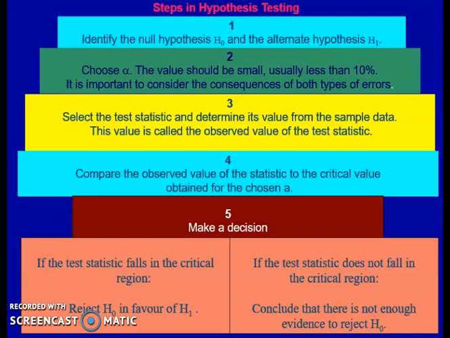If H naught is rejected, we need to conclude that the alternative hypothesis is true. If the null hypothesis is not rejected, we should conclude that the null hypothesis may be true.